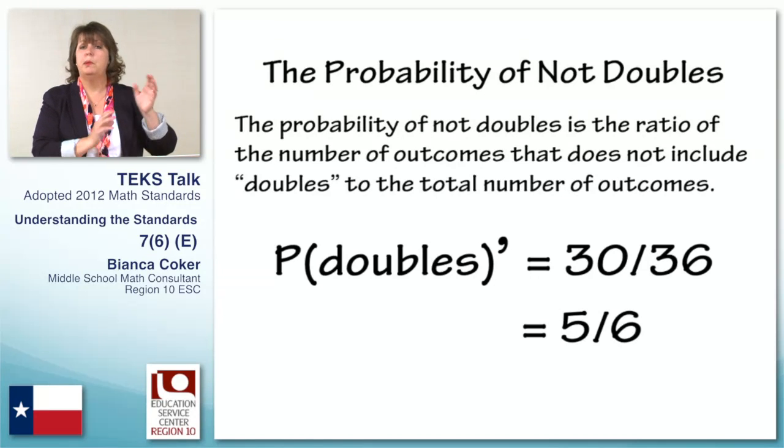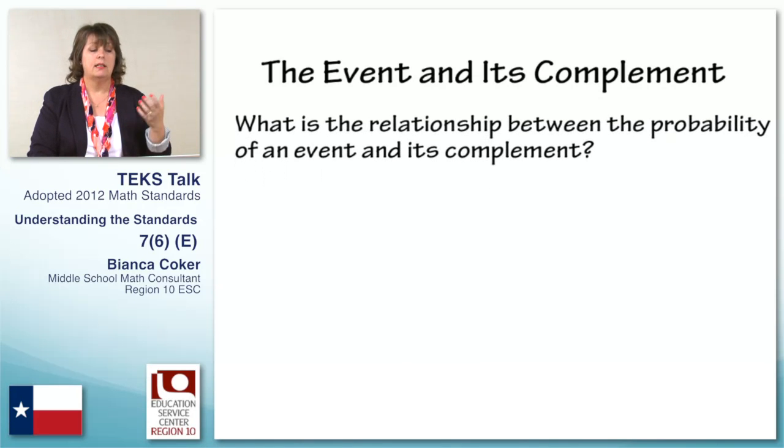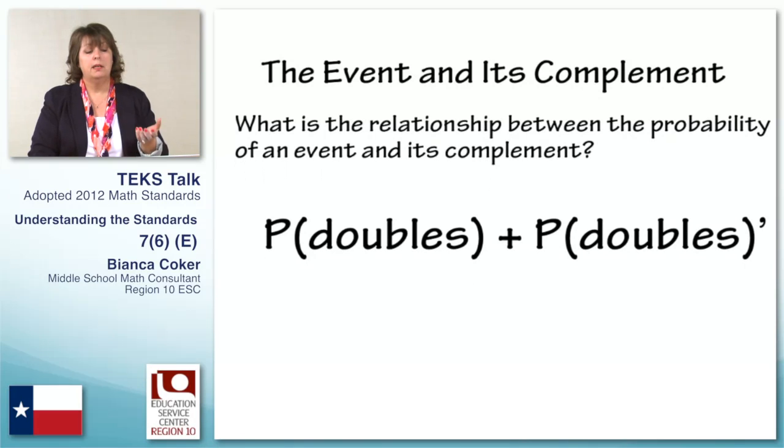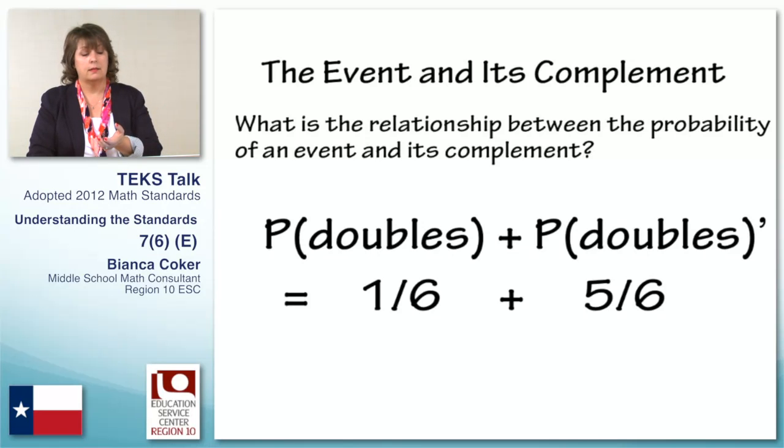So we found the probability of an event, we found the probability of its complement, and now we need to look at the relationship between the two. So the question is, what is the relationship between the probability of an event and its complement? In this particular case, it's the probability of doubles plus the probability of not doubles equals 1/6 plus 5/6, which of course equals 1.